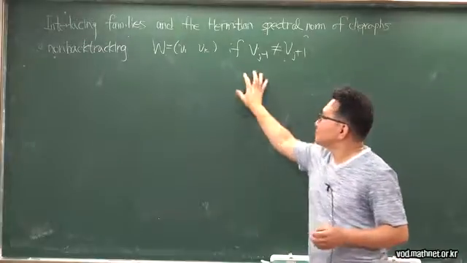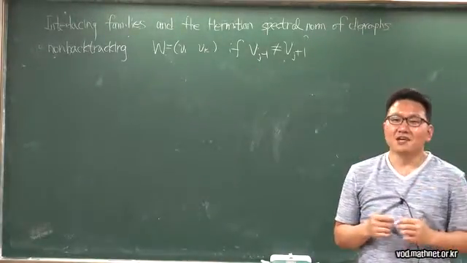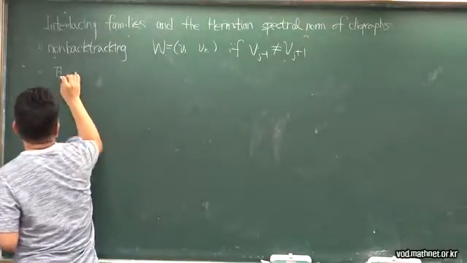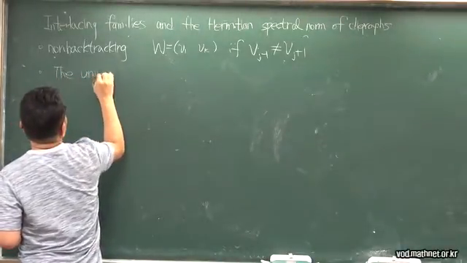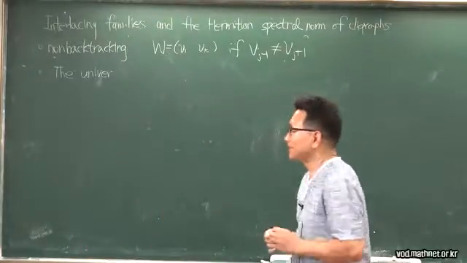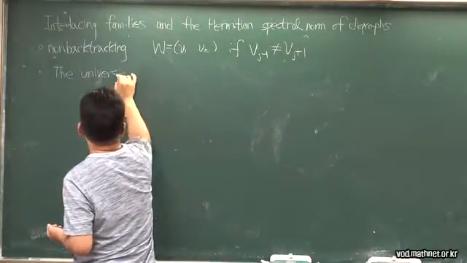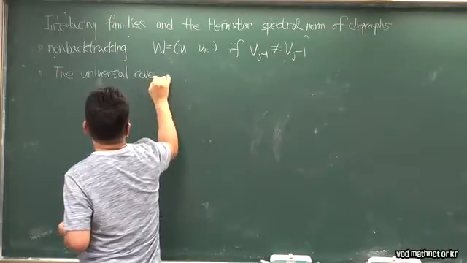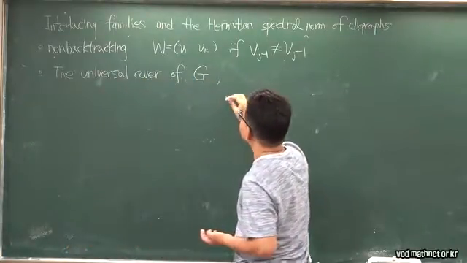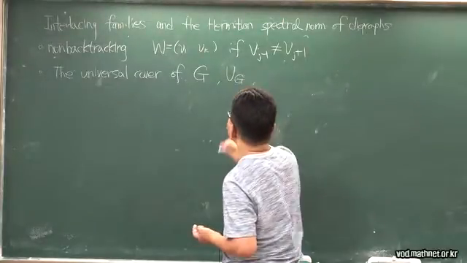And then from here, we can define the universal cover of a graph. This is for an undirected graph. The universal cover of a graph G, we denote like that.